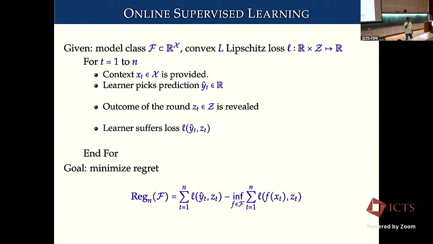Because it's of this form, instead of writing it down as IT, JT, I can write down XT as being EIT minus EJT, where the E's are the basis vectors. And now I can think about my prediction or my benchmark as W transpose XT, right? So it's in fact a linear form, not just convex.